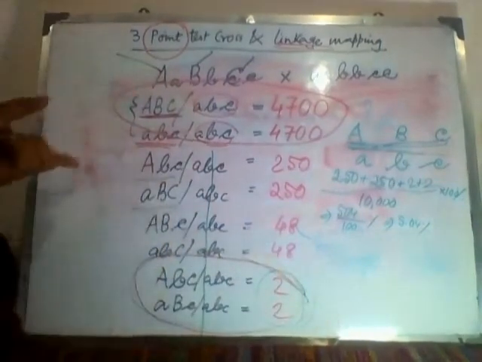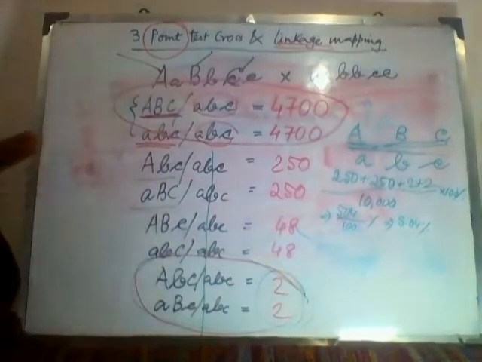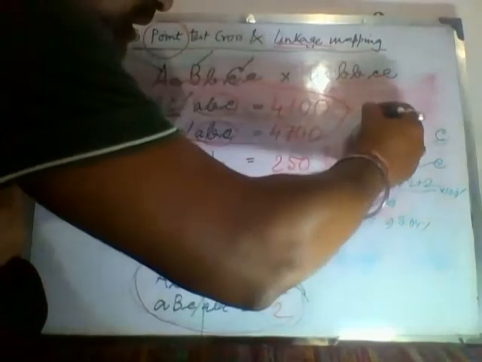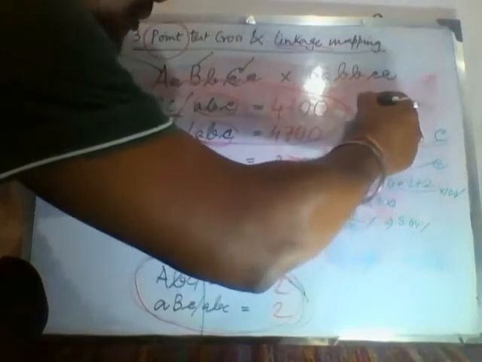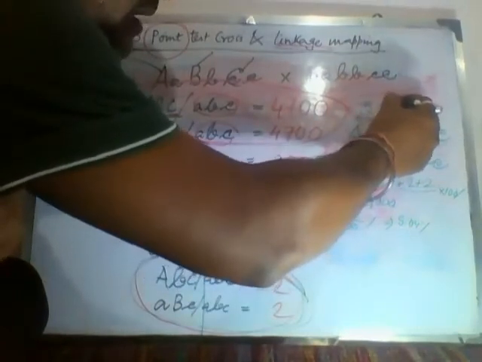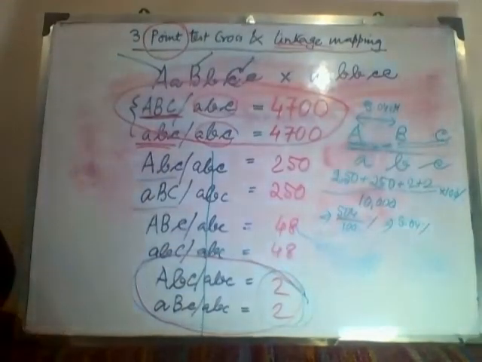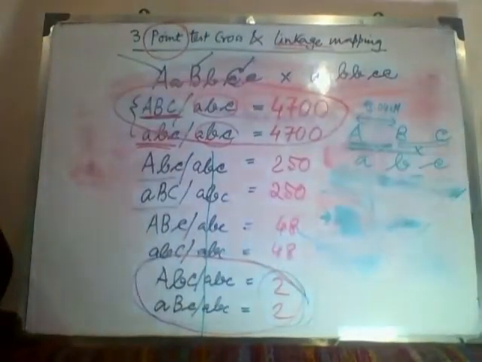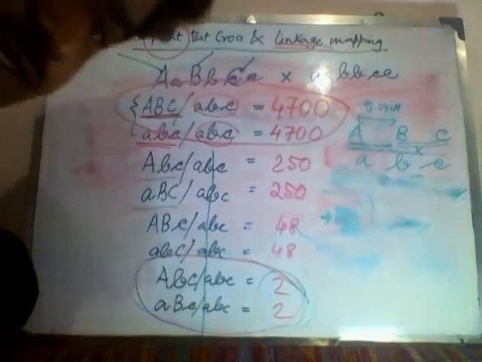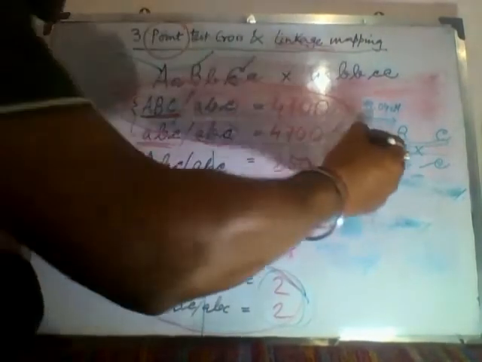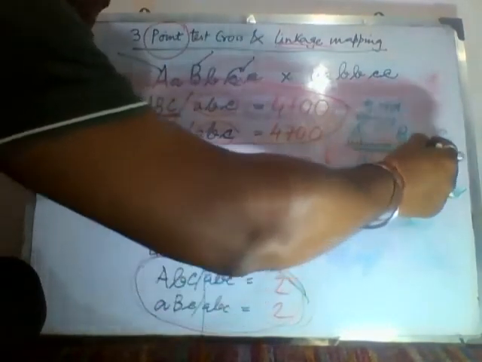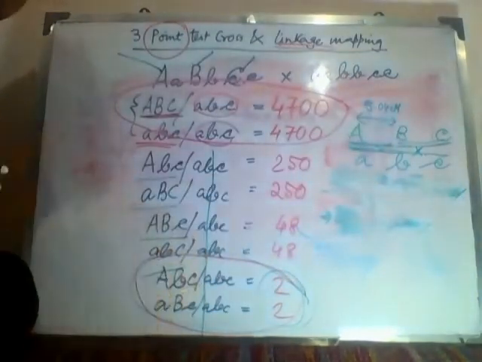I have mentioned in my previous part that 1% recombination is equal to 1 centimorgan map unit distance. So the distance between A and B is 5.04 centimorgan, right? On the same principle, if I want to find out the distance between B and C, I'll have to find out the recombination frequency between B and C. It is going to give me the gametes capital A, capital B, small c, and small a, small b, and capital C. These two classes.